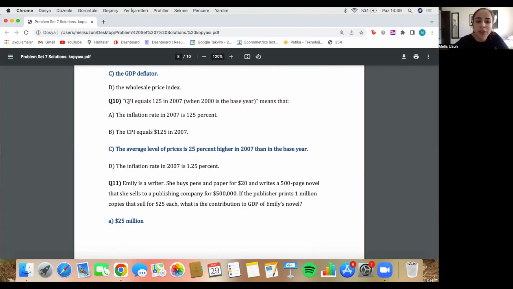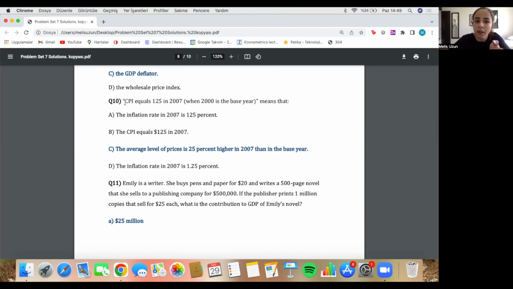So it says that GDP deflator equals 125 in 2007, when 2000 is the base year, which means that the average level of prices is 25% higher in 2007 than in the base year. Why? Because when we calculate GDP, we use the same quantities but different prices.